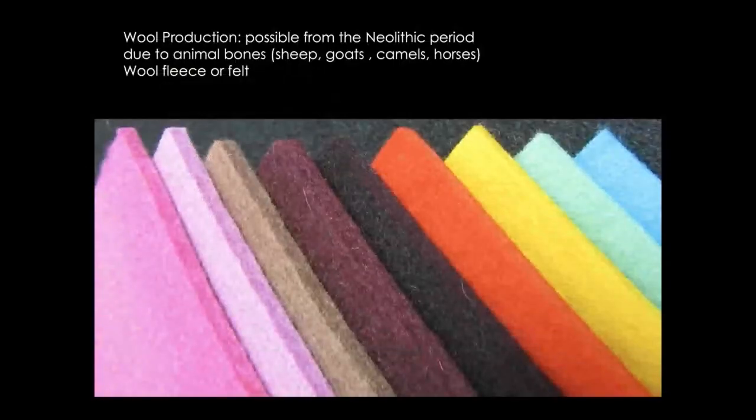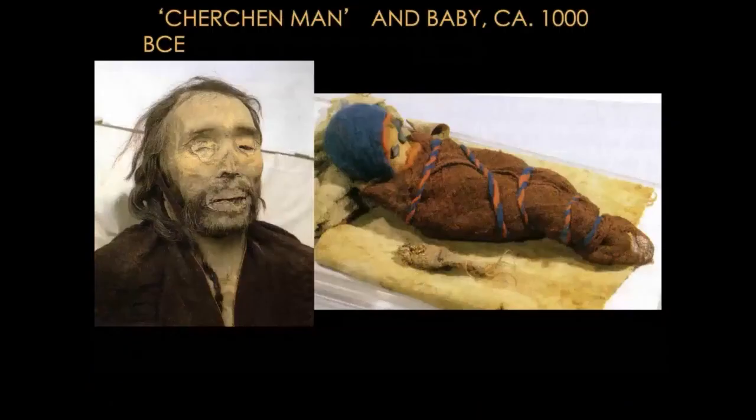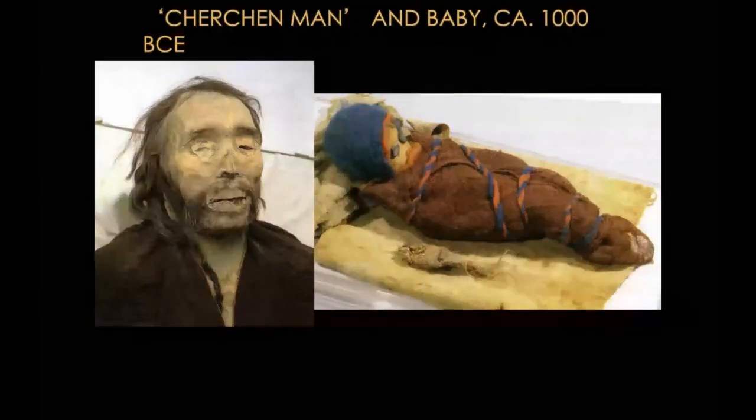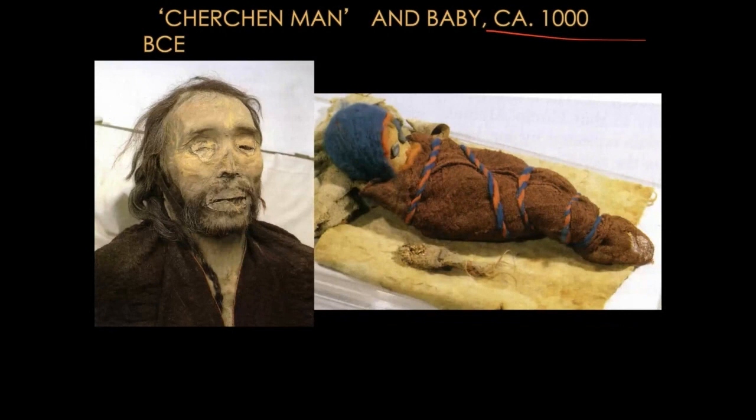And then this is felt. Remember the felt? This is as early as 1000 BCE from Central Asia. Chechen is part of Russia at the moment, but in Central Asia, we discovered a mummy. If you see the man's clothes here, or a baby mummy, these are not made of cloth, like the rope, and then the hat.